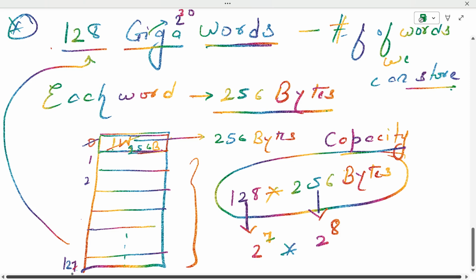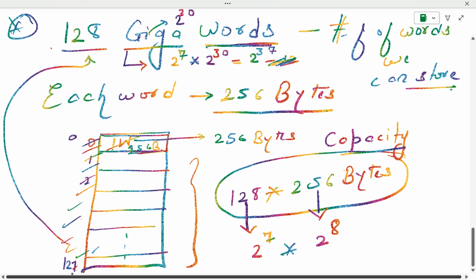So actually we need to convert the total number of words, that is 2 raised to the power 7 into 2 raised to the power 30, that is altogether 2 raised to the power 37 words.